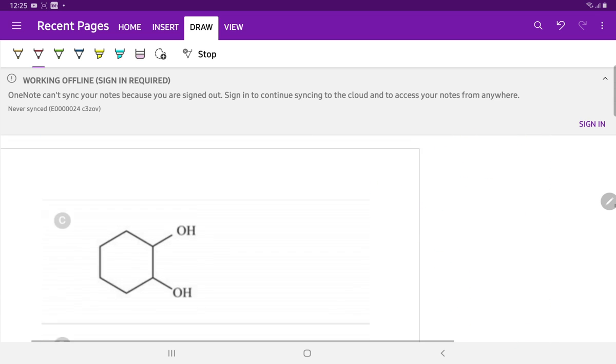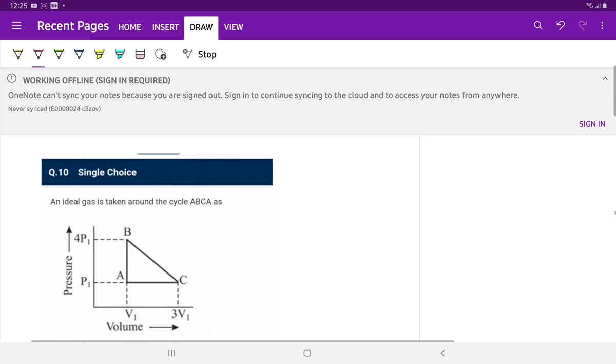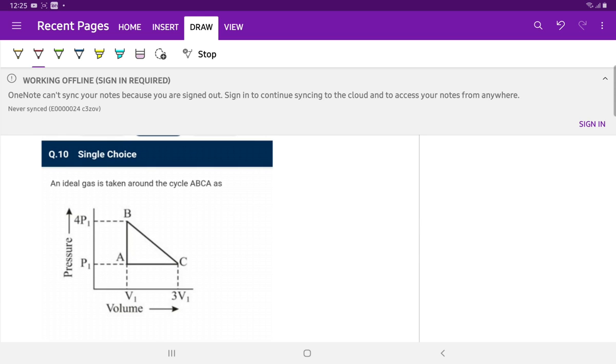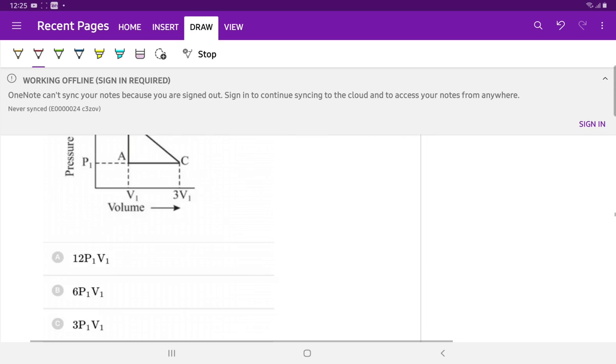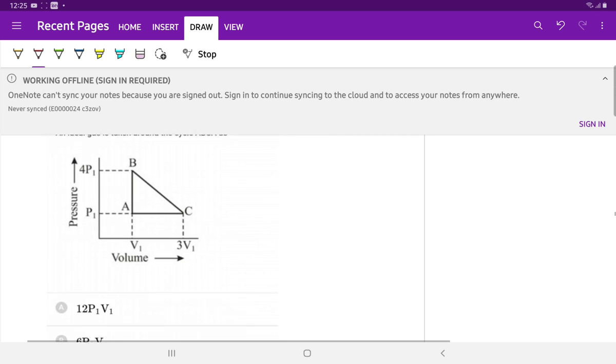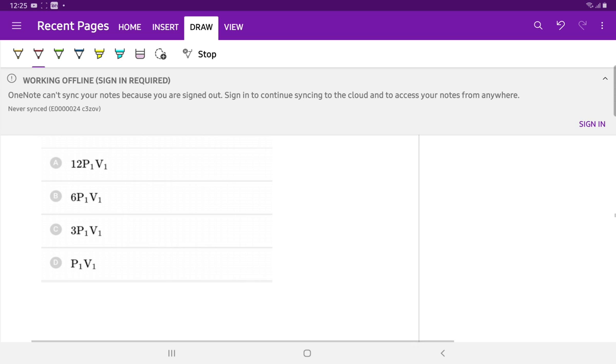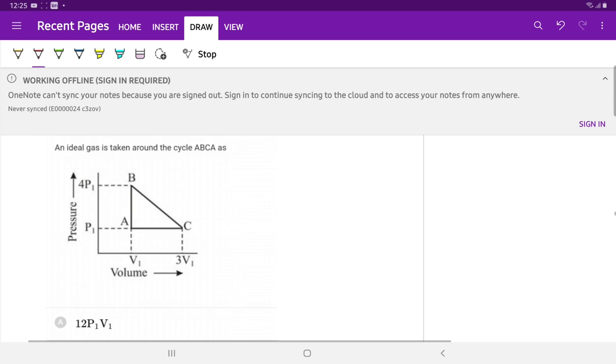Question number 10. An ideal gas is taken around the cycle ABCA as shown, so we have to calculate work done.